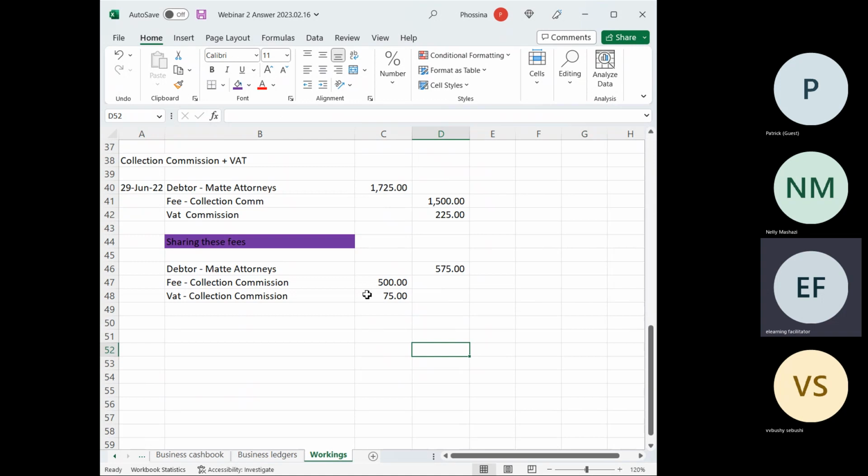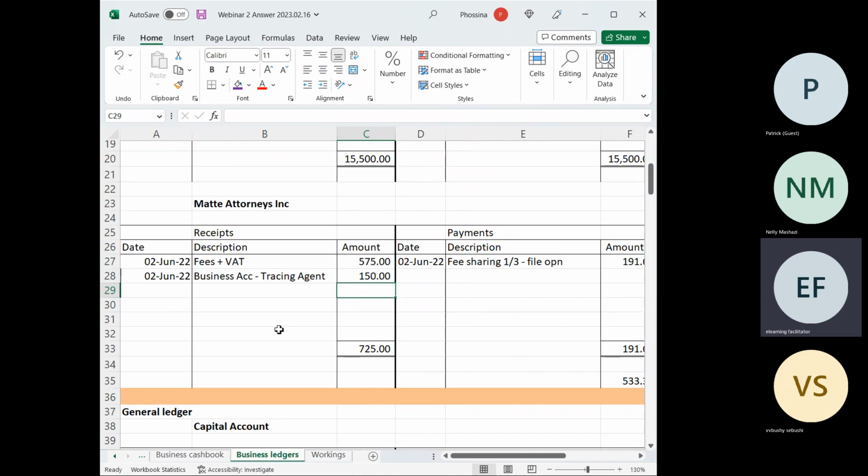So to record this transaction of the collection commission, we are starting with our data, 1,000. So we go to our data on our business ledgers. This is our data. So it's on 29. So it's a matter of copying our journal entry. And it's fees plus VAT. And then in this case, it's just to remember, collection commission.